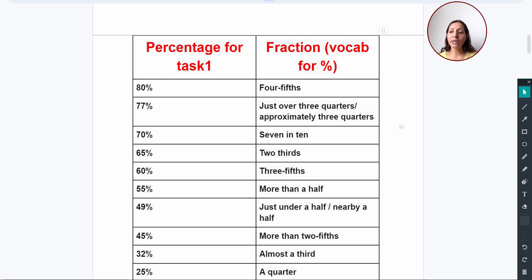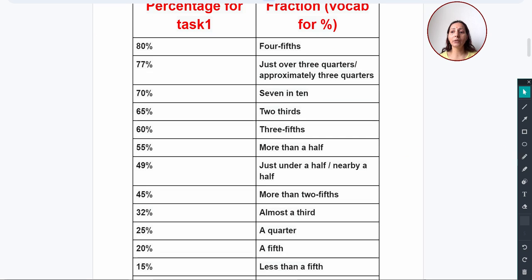I am reading it so that you can read it with me and write it in your copy for making notes. It's important. 70% is 7 in 10, 65% is 2/3, 60% is 3/5, 55% is more than half, and 49% is just under a half or nearly a half.